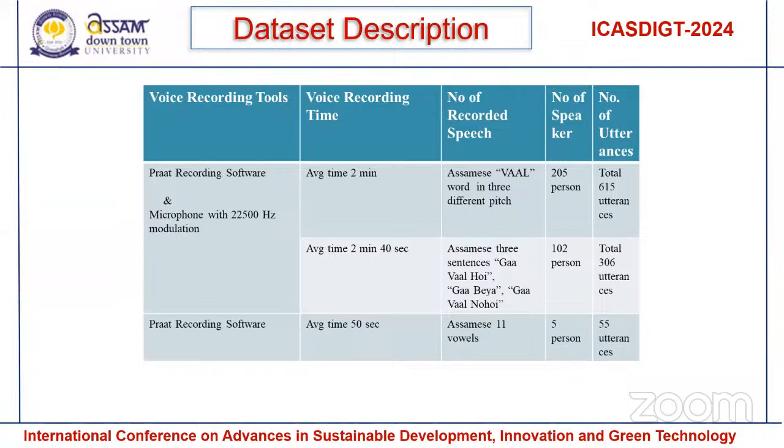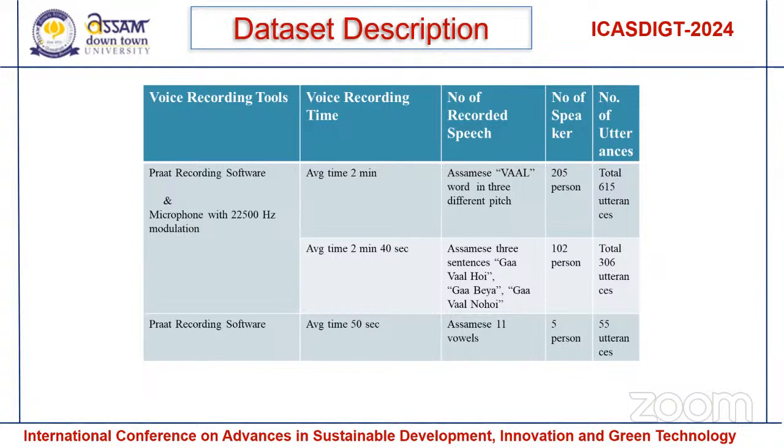In terms of dataset description, we have 2 datasets. For the first dataset, we have taken one Assamese word in 3 different pieces. It means good, and we collected a total of 615 utterances from 205 people.